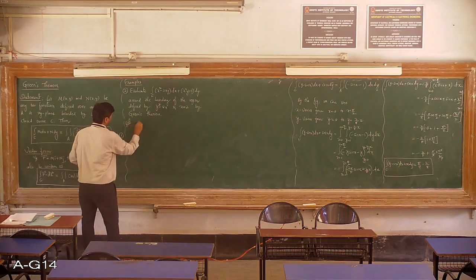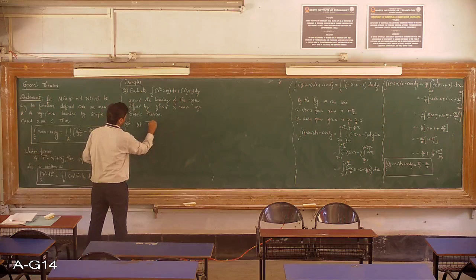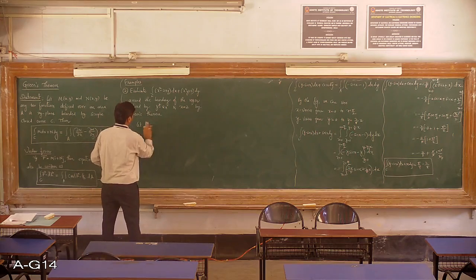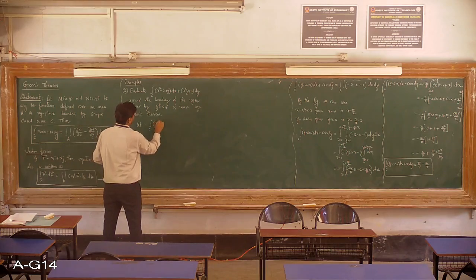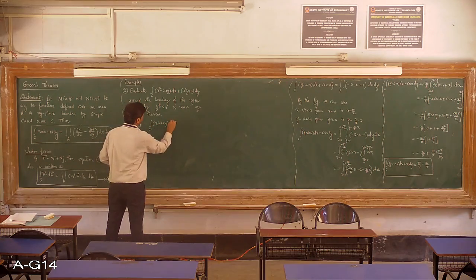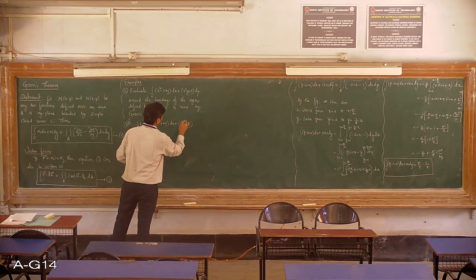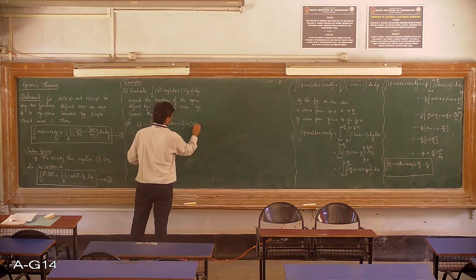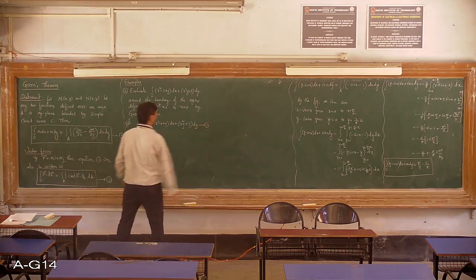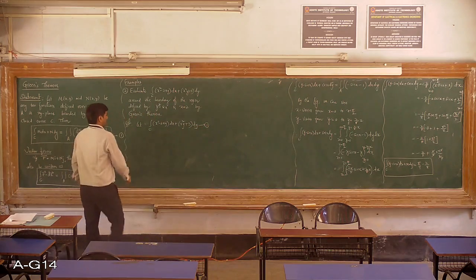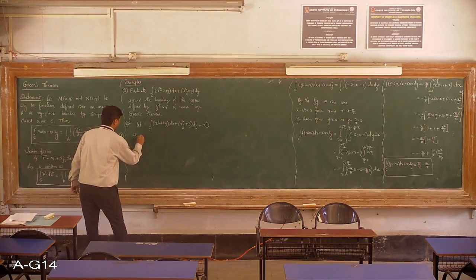Solution: let F equal integration over curve C, x square minus 2xy dx plus x square y plus 3 into dy. You can call it equation 1. Here what is M?